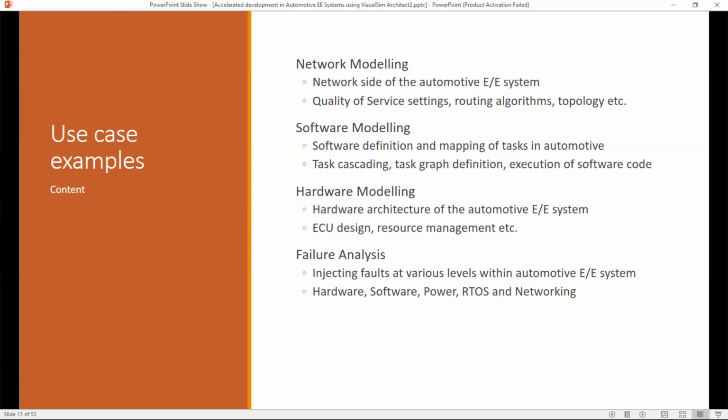Under the hardware modeling side, we'll be looking at the hardware architecture of an EE system. It will include the ECU design, resource management, cache analysis, interconnect accesses, and so on. And lastly, under failure analysis, we will be injecting faults at various levels within the automotive system. It will be injected on the hardware side, the software aspect, the power, RTOS, and the networking aspect.